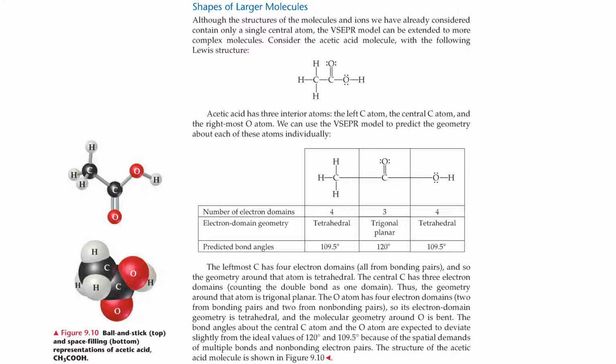The bond angles around the carbon atom and the oxygen atom are expected to deviate slightly from the ideal values of 120 and 109.5 because of the spatial demands of multiple bonds and the non-bonding electron pairs. The structure of the acetic acid molecule is shown in Figure 9.10.